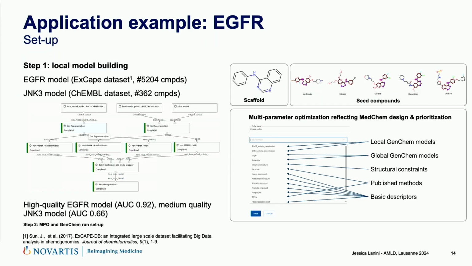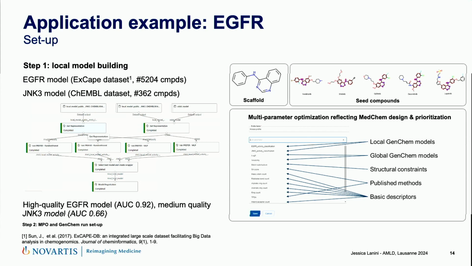And the first step in order to implement your generative chemistry pipeline is really to start by building your local model. So we built our on-target and off-target activity model as a first step, evaluating the corresponding characteristics and quality against our temporal split data.